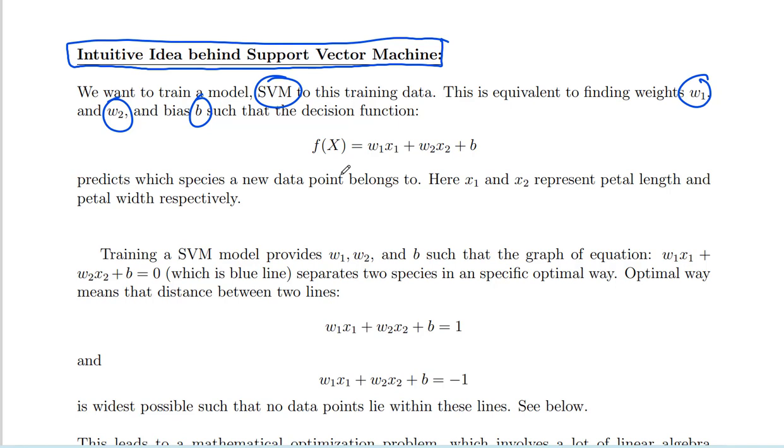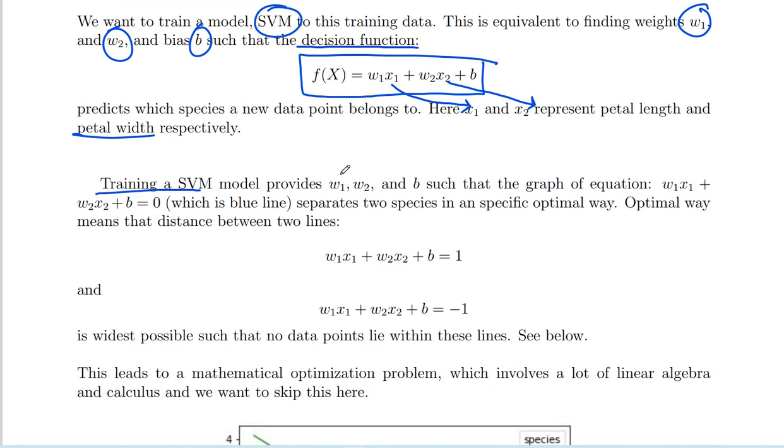Once we get these three values, then we can make a decision function which is given by this. So f is a function w1 times x1 plus w2 times x2 plus b. Here x1 is the petal length and x2 is the petal width. So by training a support vector machine model, we can obtain the values for w1, w2 and b.